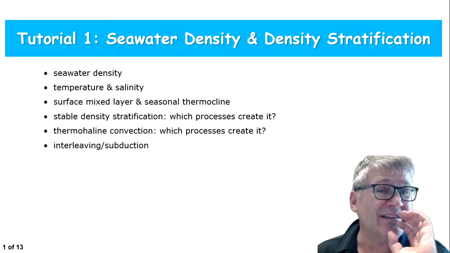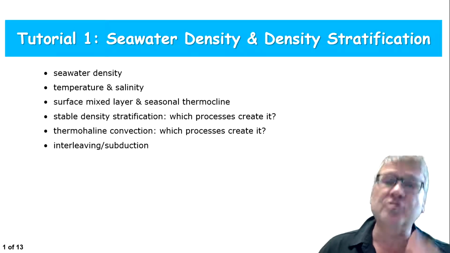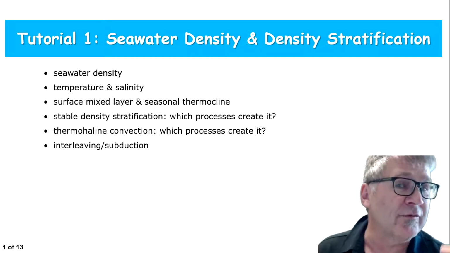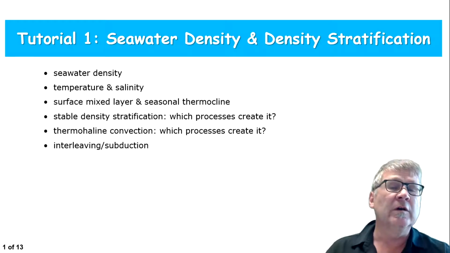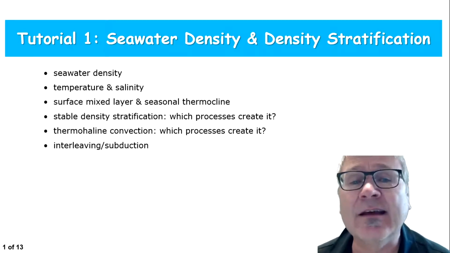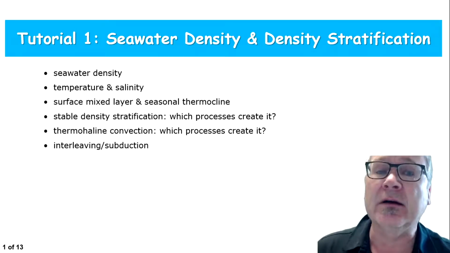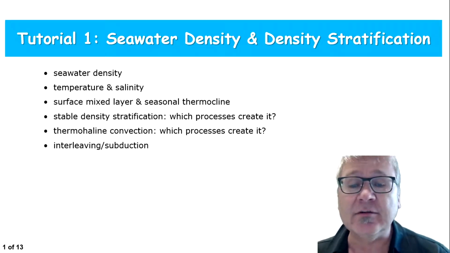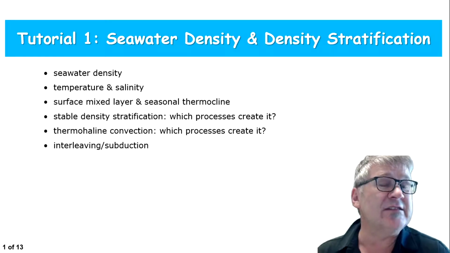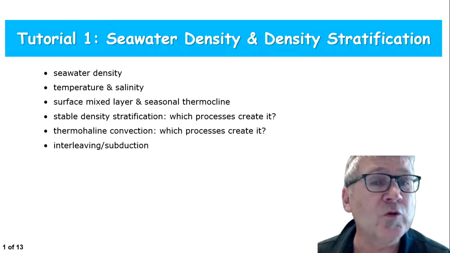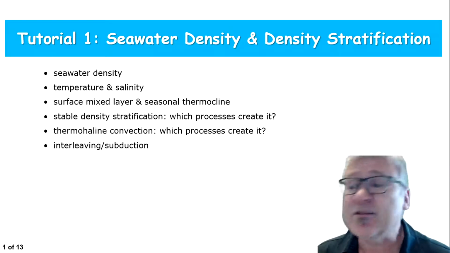So the gas that the ocean takes up from the atmosphere, in terms of oxygen or CO2, ends up in the surface mixed layer, and then it might be moved to much deeper layers into the ocean interior. So density is what controls this behavior.